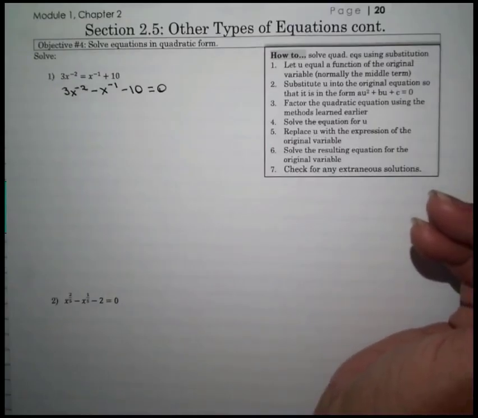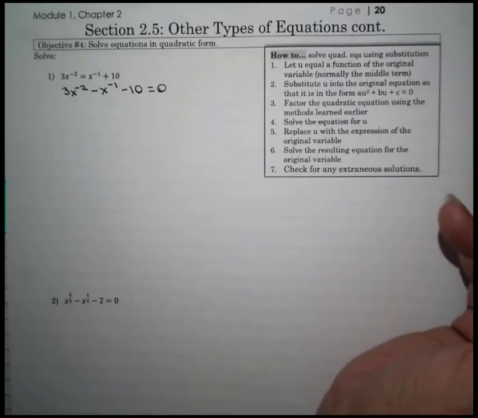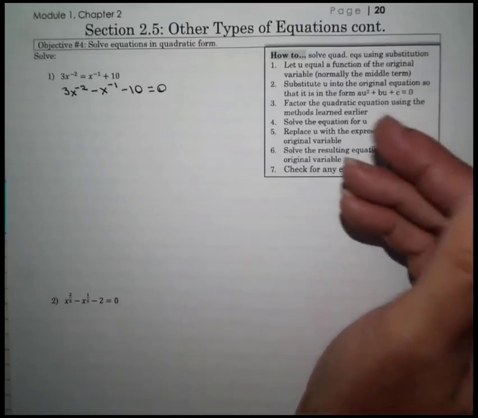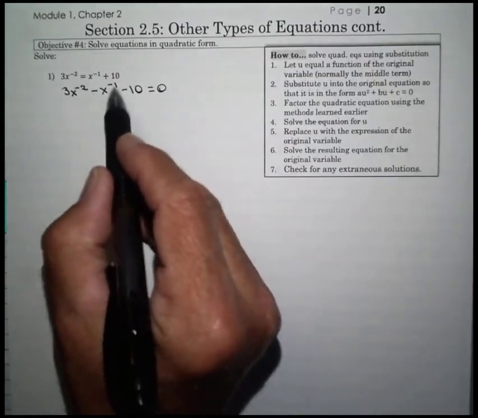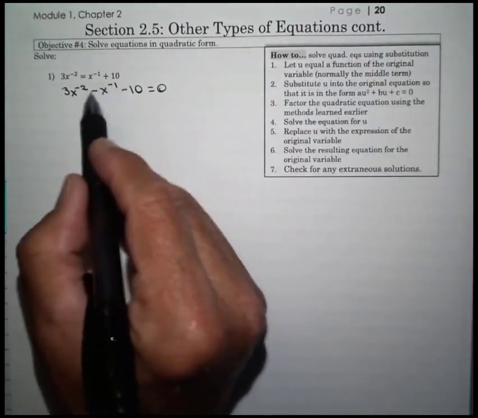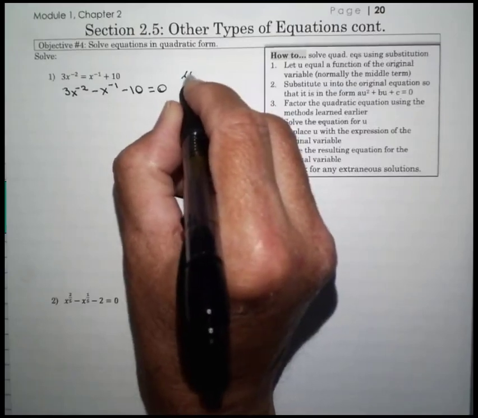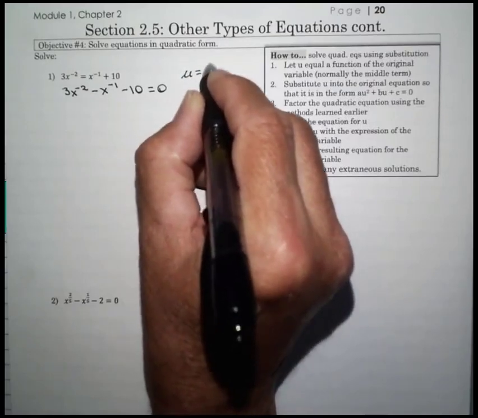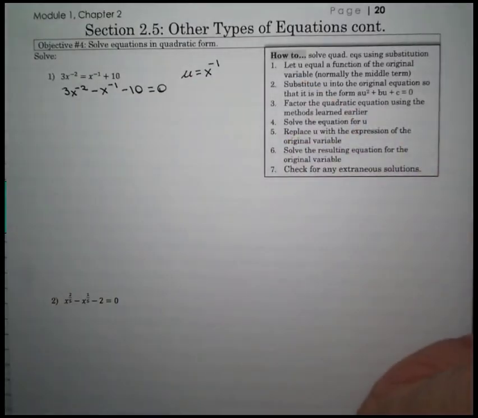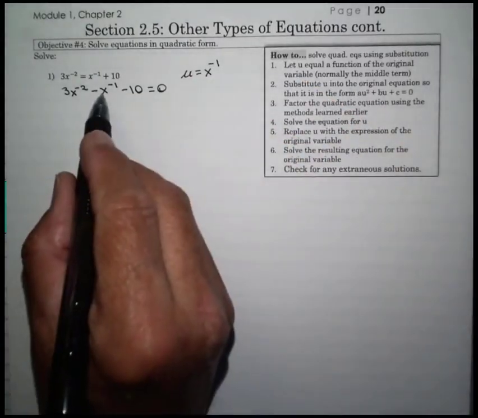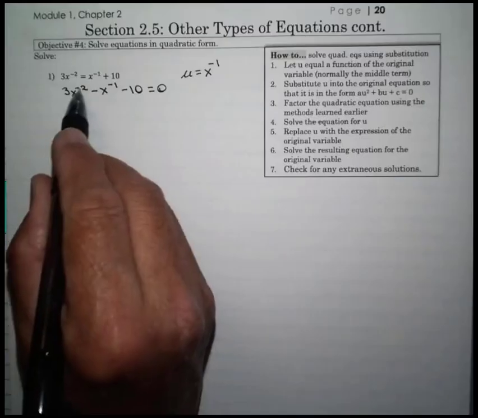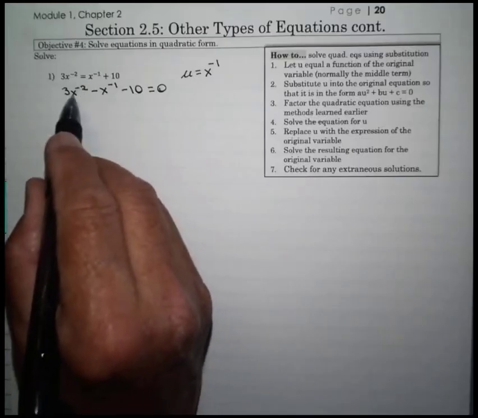Now, the next thing I want to do is find what I can make u. It's usually the b term that I'm going to turn into u. I'm going to substitute, so let's try this. I'm going to say u is equal to x to the power of negative 1. That's what I'm going to try. Now, when I say that, this x to the negative 2 becomes u squared, right?